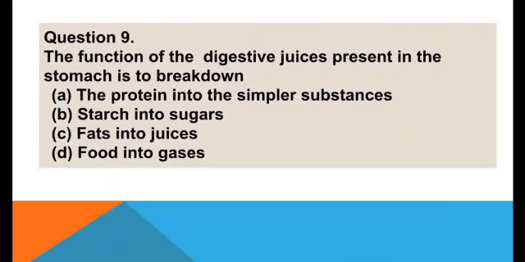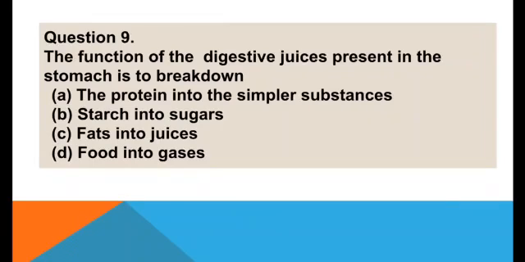Okay. Now we have question number 9. The function of the digestive juices present in the stomach is to break down. Your options are option A, the protein into the simpler substance, option B, starch into sugar, option C, fats into juices, and option D, food into gases. As you know, our stomach secretes digestive juices, which are hydrochloric acid and mucus, and they have their different work.